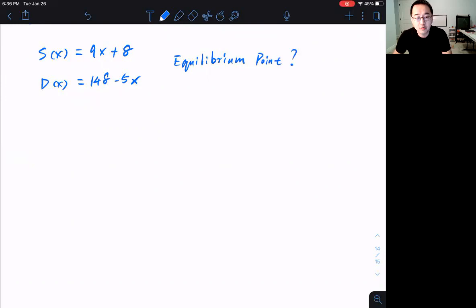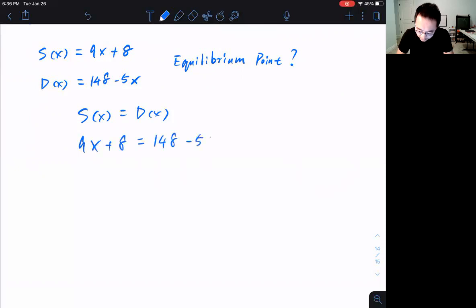Well, you should know, hopefully, that at equilibrium, the definition tells you that is when your quantity supplied equals quantity demanded, and that's the only point when that is true. So at equilibrium, your S of x should equal D of x, right? Your quantity supplied and quantity demanded should equal each other. So then that's 9x plus 8 equals 148 minus 5x.